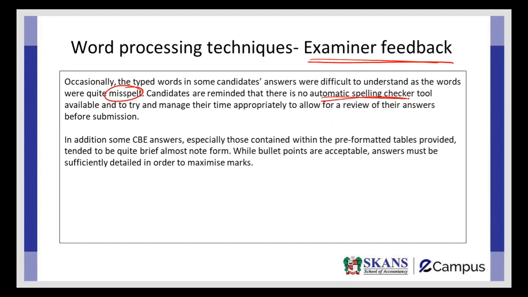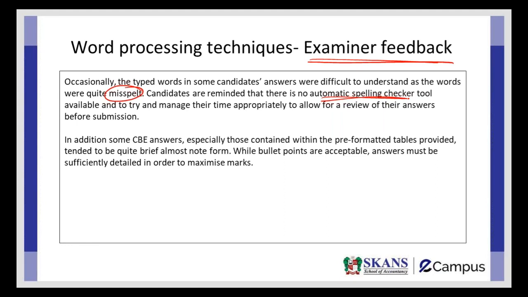Remember, you're not penalized on grammar or spelling, but make sure you're writing the right spelling for the examiner to understand what you're trying to say. When you're typing in a hurry, make sure you read back to see that you have actually understood what you've written yourself.